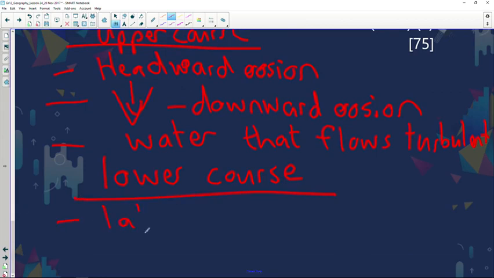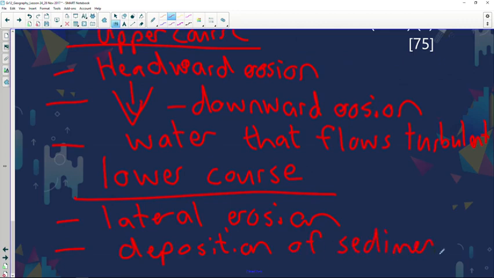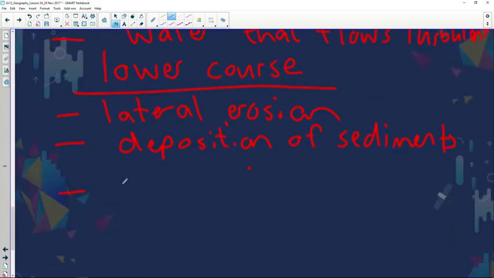Because of lateral erosion taking place, because of deposition of sediments, and we can mention because of the laminar flow of water taking place.